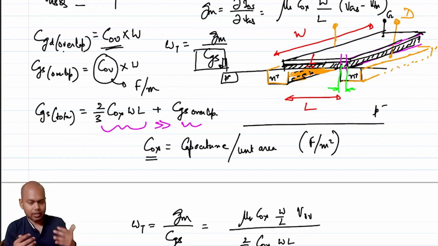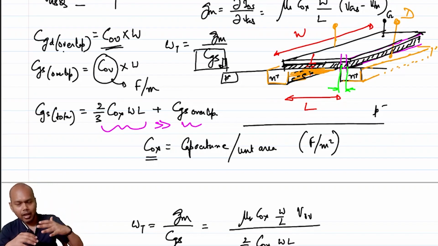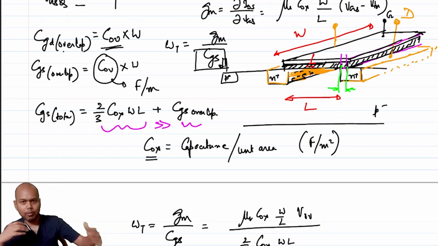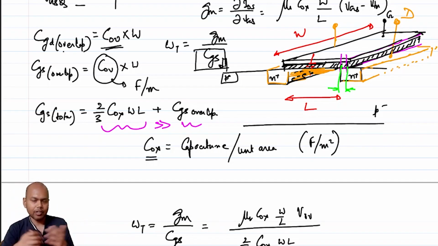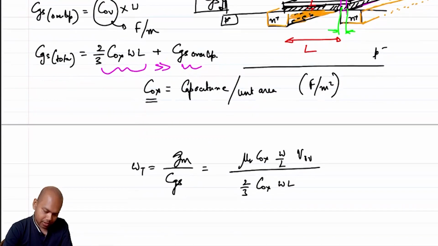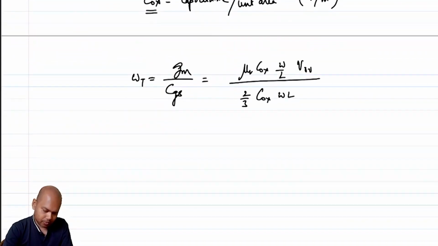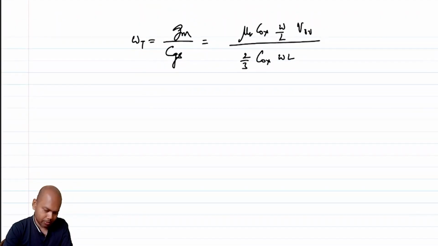Since the total capacitance between the gate and the channel can be controlled by both W and L, it is basically a function of the area, and both dimensions of the area can be controlled. So hence the unit capacitance is per meter square. Okay, so that out of the way, let's concentrate on omega t.